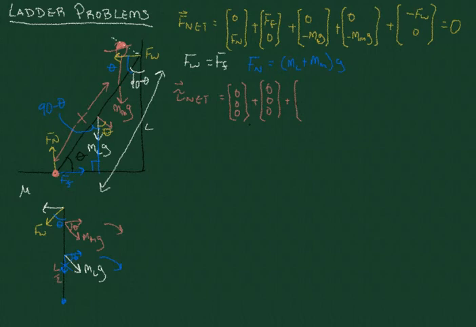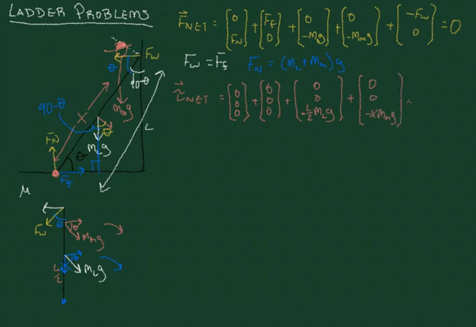So we have L over 2 times the mass of the ladder times g, and that again is going to come with a minus sign because we're rotating it clockwise, and it's the Z component again because we're in the XY plane, so this is going to be the component that's going into the board or into the computer screen in this case. For the mass of the man, it's going to be the same thing, 0, 0, minus x times the mass of the man times g.